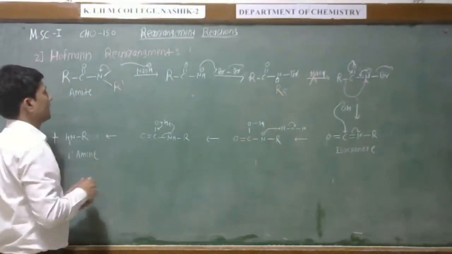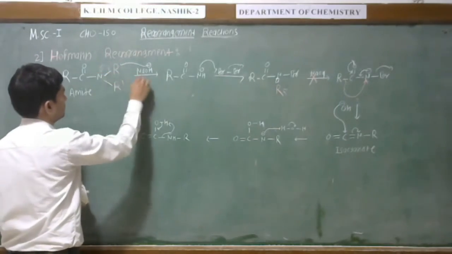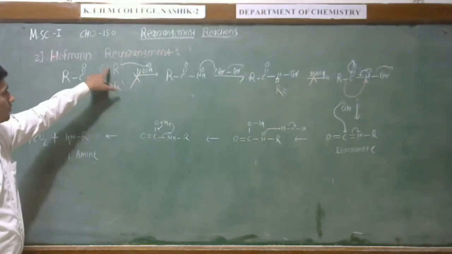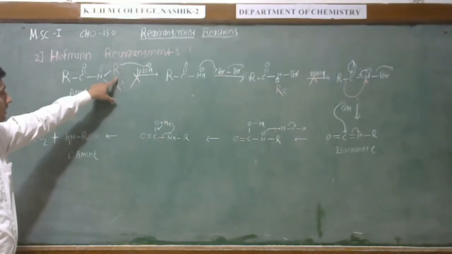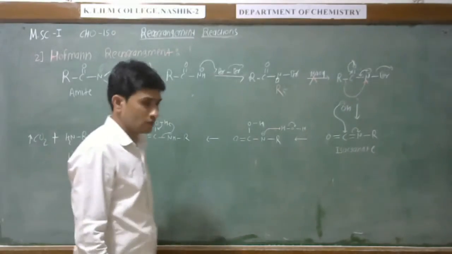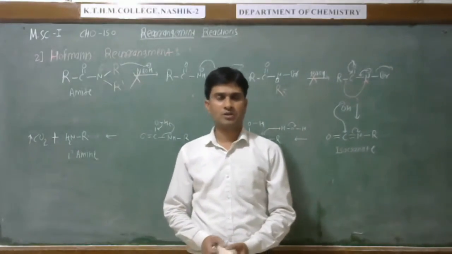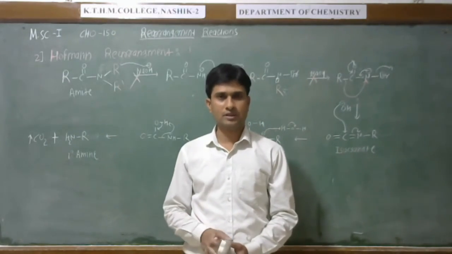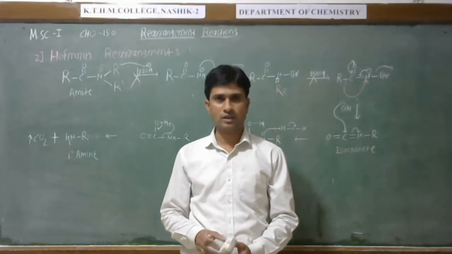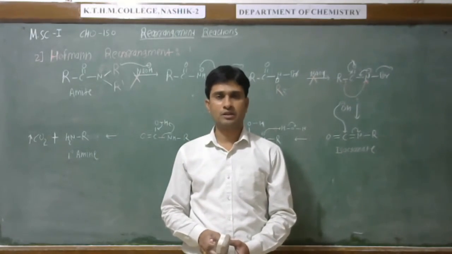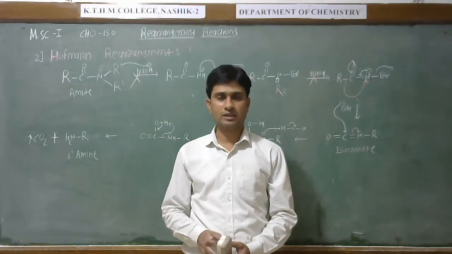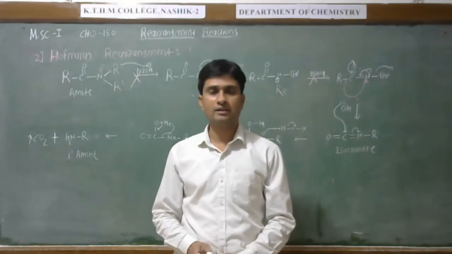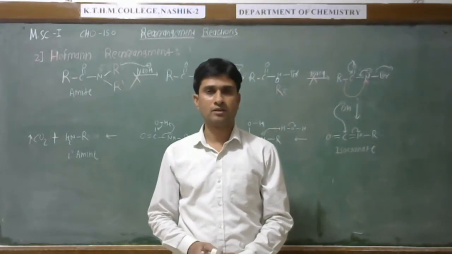When you take the disubstituted amide, this first stage will not happen, the absorption of proton will not happen, and hence this reaction will not be complete. So very simply, you can say that for any substituted amide, either monosubstituted or disubstituted, Hoffmann rearrangement does not work. Hoffmann rearrangement is not found in N-substituted amides.